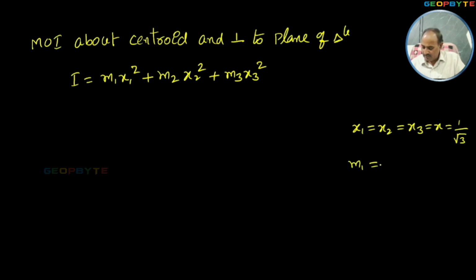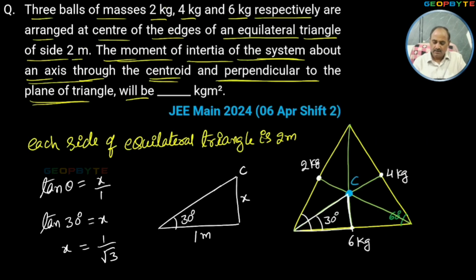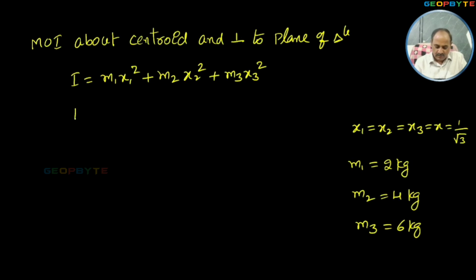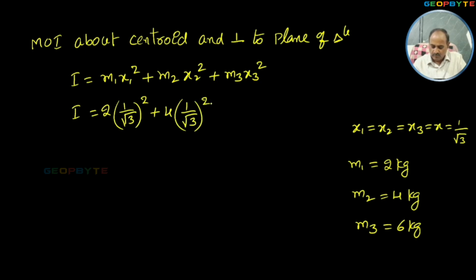Let m1 equal 2 kg, m2 equal 4 kg and m3 equal 6 kg. These are the three masses given. Let us substitute all values: 2 into (1 by root 3) whole square plus 4 into (1 by root 3) whole square plus 6 into (1 by root 3) whole square.